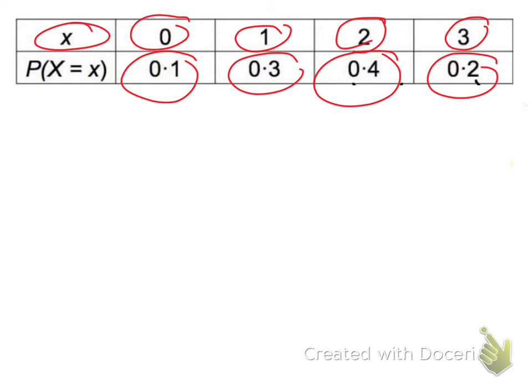I cannot say that each of them will have the same weightage. Some of them will have high weightage and some will have low weightage. It depends on the probability. This one is likely to happen, it is 0.4 out of 1. This one is less likely, it is 0.1 out of 1.